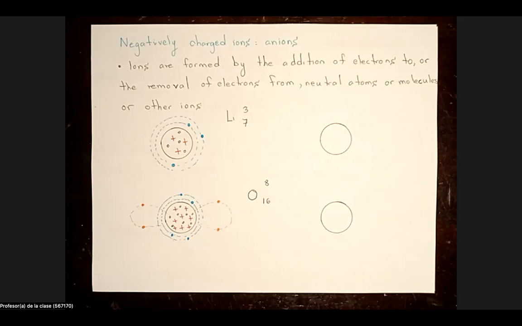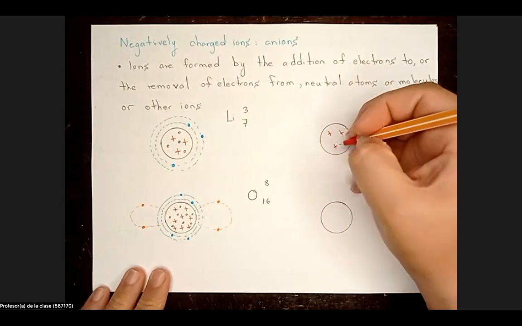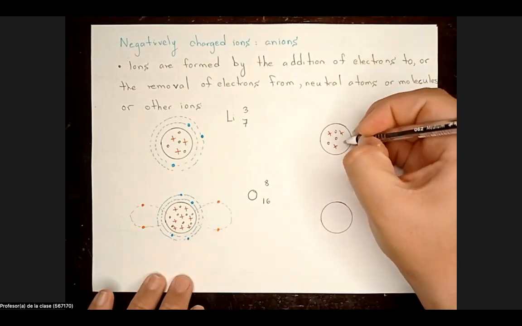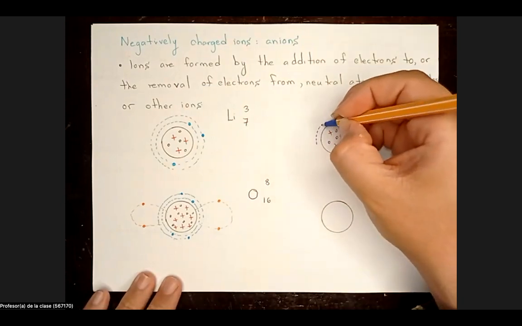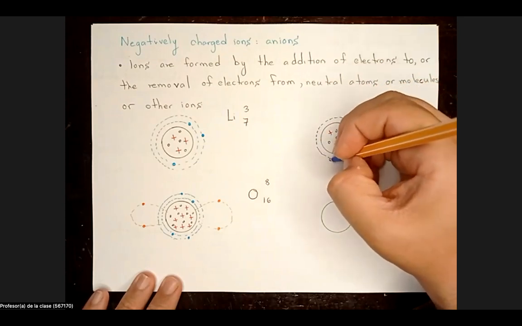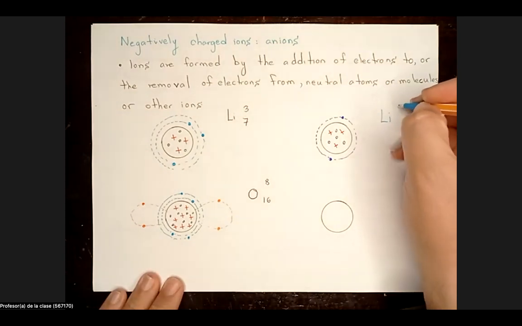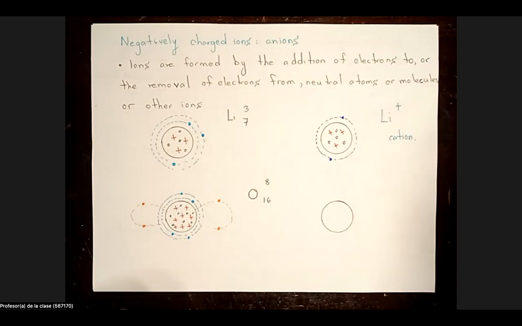To form a positive ion, the number of protons will be the same, the number of neutrons will be the same, but in this case, we will only have 2 electrons going around the nucleus. So that will form a lithium plus, a cation.